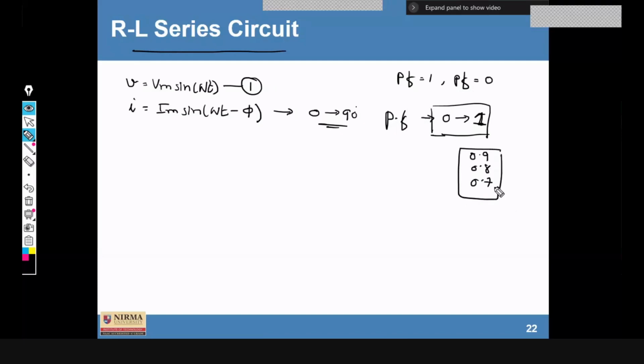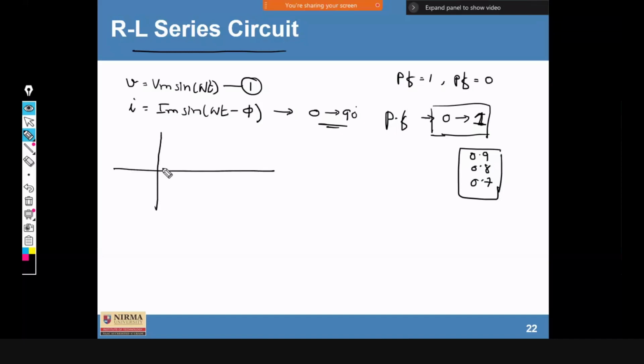So first of all, we will write all the definitions and all the equations which we derived. Therefore, the waveforms are like this: this is a voltage waveform with respect to time t, and similarly, we can have the current waveform also. So this is the voltage waveform. Now this is 90-degree.